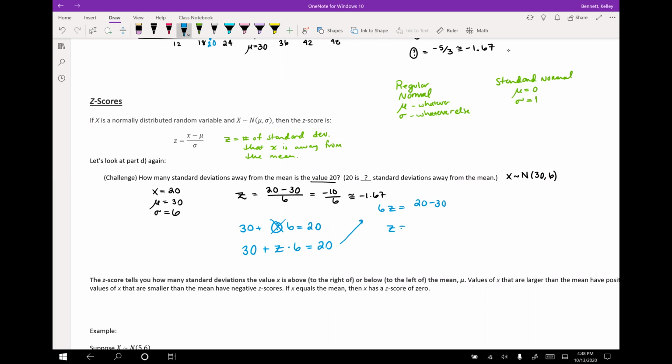So Z equals 20 minus 30 over 6. Well, 30 is mu, 6 is sigma, 20 is X. So it's not at all different from using X minus mu over sigma.